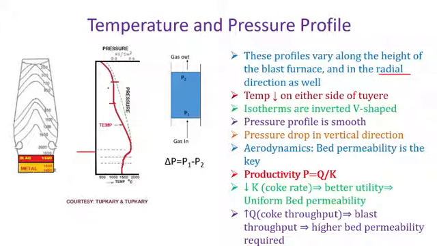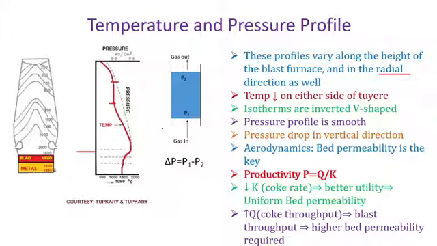Let's discuss the pressure profile. The pressure profile along the vertical axis of a blast furnace is smooth, unlike the temperature profile. Turbo blowers are generally used for the production of pressurized blast, so that the blast enters the tuyere area where the pressure is maximum, and this gas flows to the top.